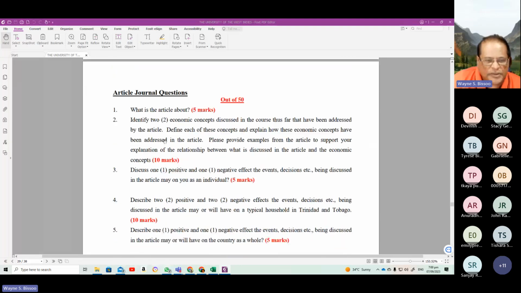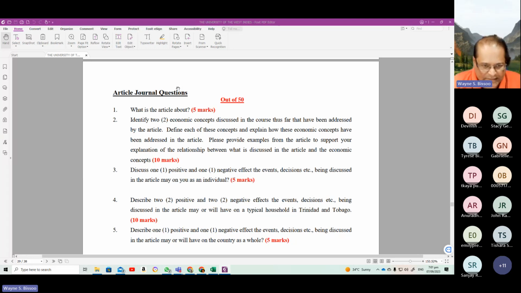All right, so let's reduce this. It's incorrect here. It should be 1 economic concept. So I'll make a change on the original document and get that fixed. So you have to identify at least one economic concept dealt with in the class that is addressed by the article. Define the concept and explain how it is addressed in the article or related to the article, providing examples from the article to support your explanation.